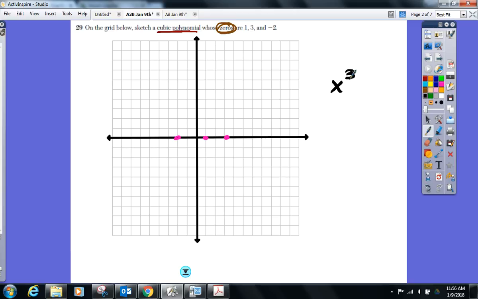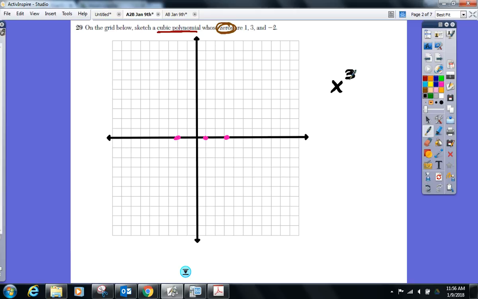If the highest exponent is odd, the graph will start and end in opposite directions. Let me say it again. If the highest exponent is odd, the graph will start and end in opposite directions.